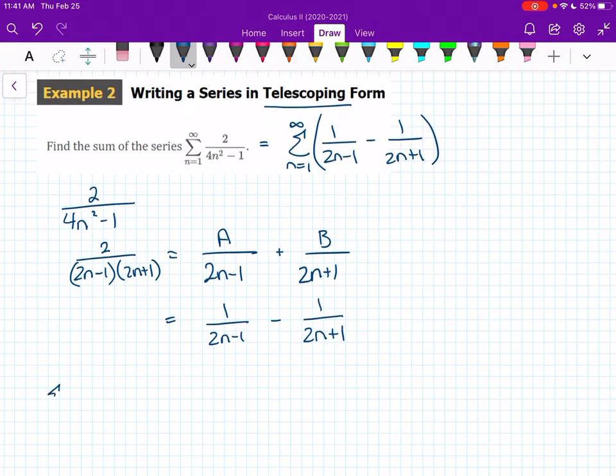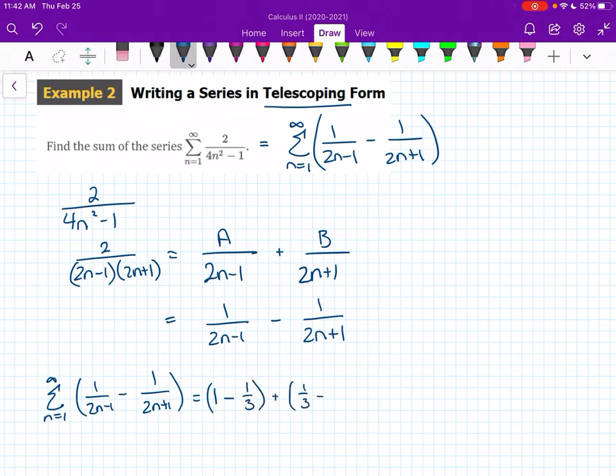So what does that look like if I start writing out my terms? So if I start writing out my terms, I get 1 over 2n minus 1 minus 1 over 2n plus 1. So my first term is 1, so I plug in a 1 for n. And I'm going to get 1 minus, let's see here, if I plug in 1 over here, I get 2 plus 1, 3. And then my next one is going to be a third minus a fifth.